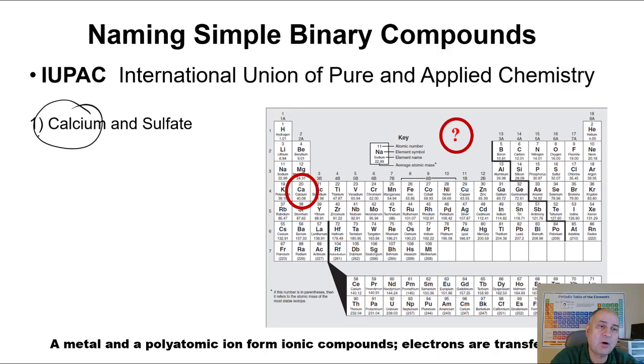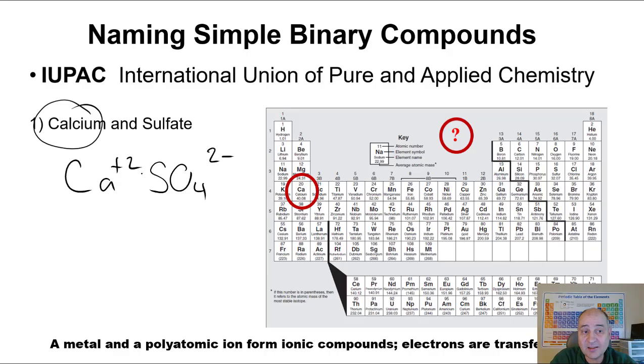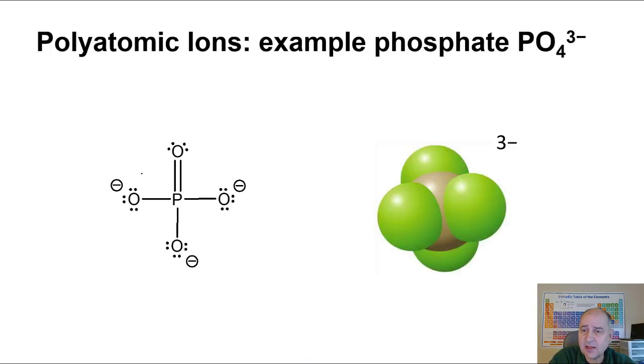We call this a polyatomic ion. It has the formula of SO4 and it has a predetermined charge of 2-. And when it combines with calcium, which also has a predetermined charge, they combine in a 1-to-1 ratio to form something called calcium sulfate. So back to these polyatomic ions, right?